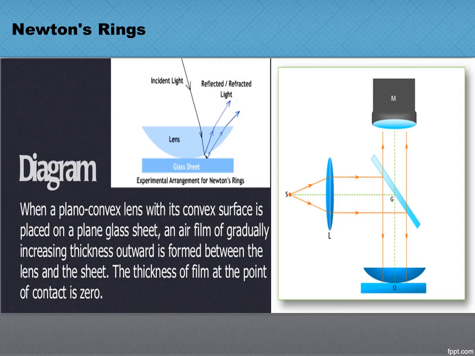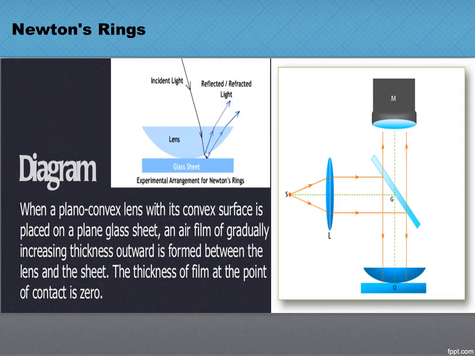The first part is reflected from the upper portion of the film, and the second part is reflected from the lower portion of the air film, which is formed between lens and glass sheet.